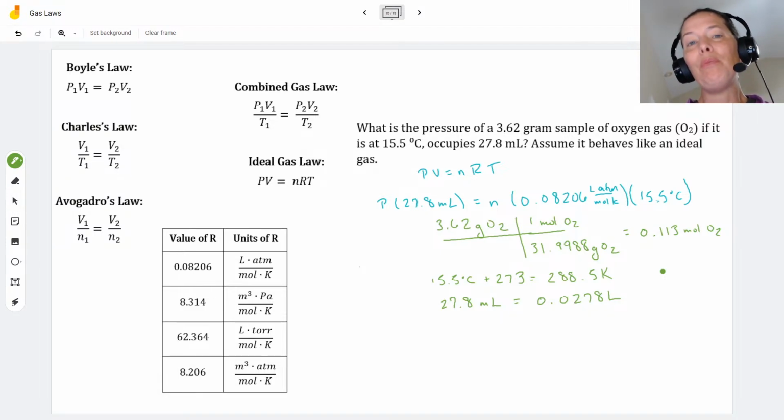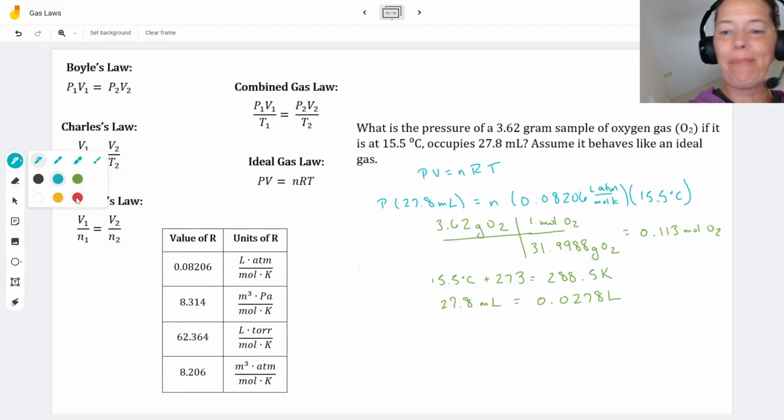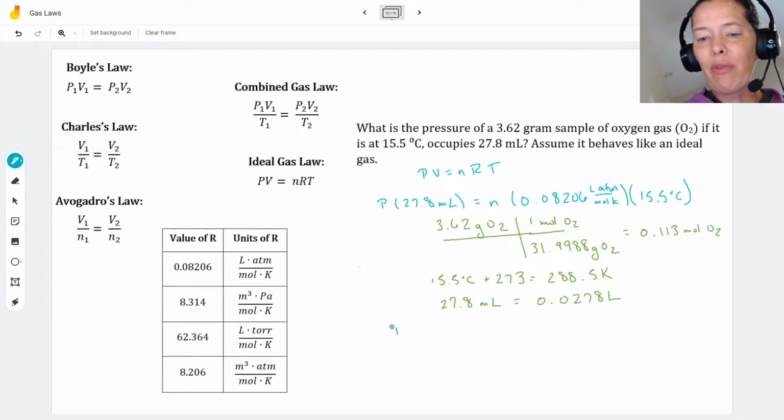And now I'm ready to basically plug back into ideal gas law, and I should be able to get the pressure out now. So I still have P for pressure because that's what I'm solving. My volume is now 0.0278 liters. I know my number of moles is 0.113 moles of oxygen.